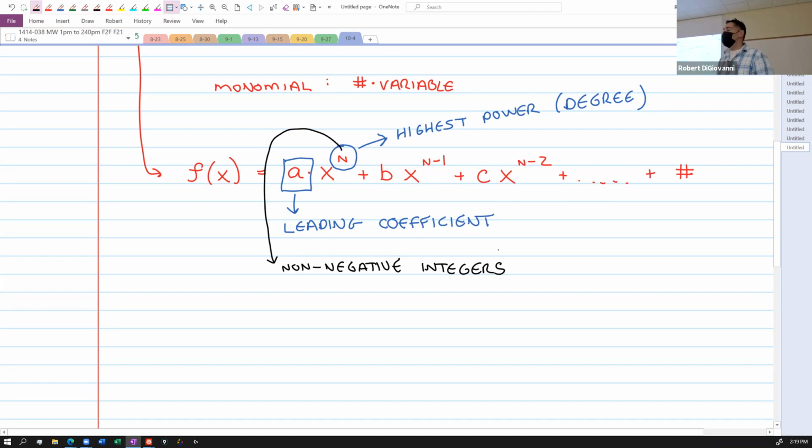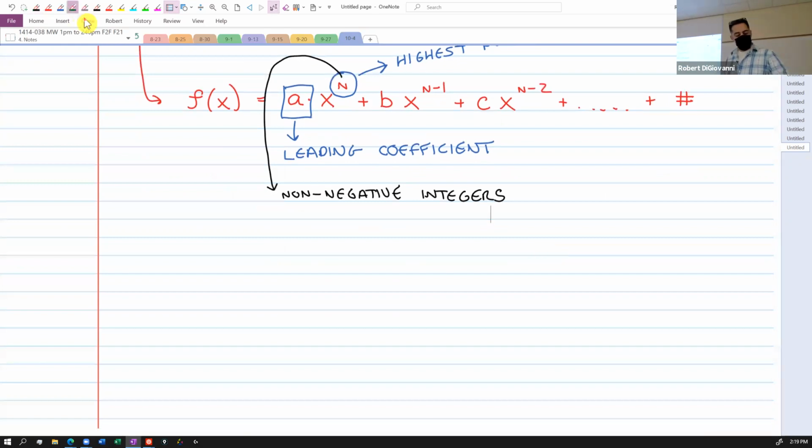In order to be a polynomial, the powers on the x's have to be non-negative integers. That means 0, 1, 2, 3, 4, 5, 6, 7, 8. You cannot have a fractional power. If you have a fractional power, it's just not a polynomial anymore. You can't have a negative power, or else you're not looking at a polynomial anymore. Polynomials have to be non-negative integers.